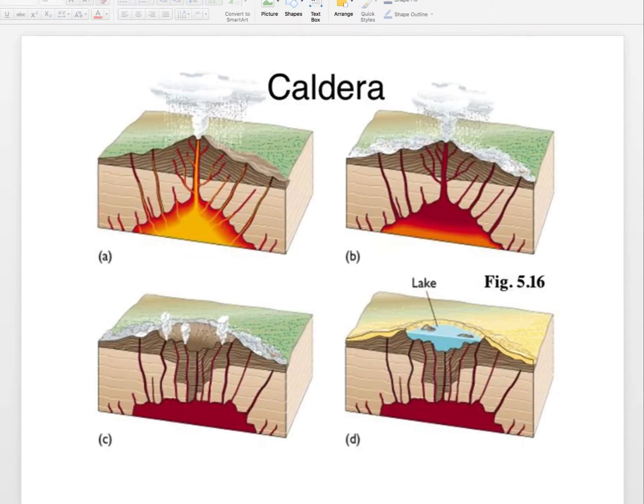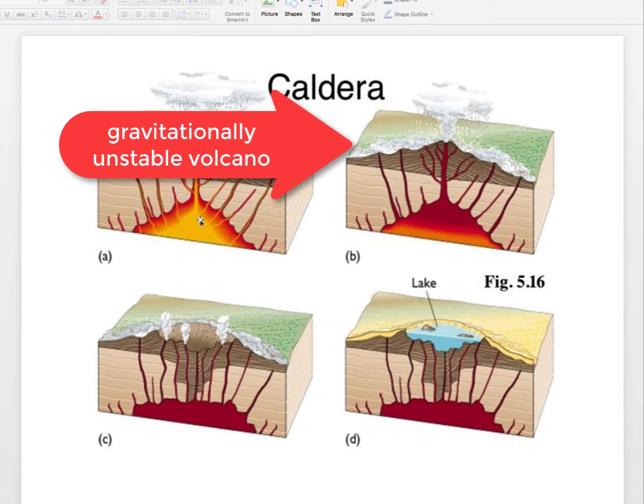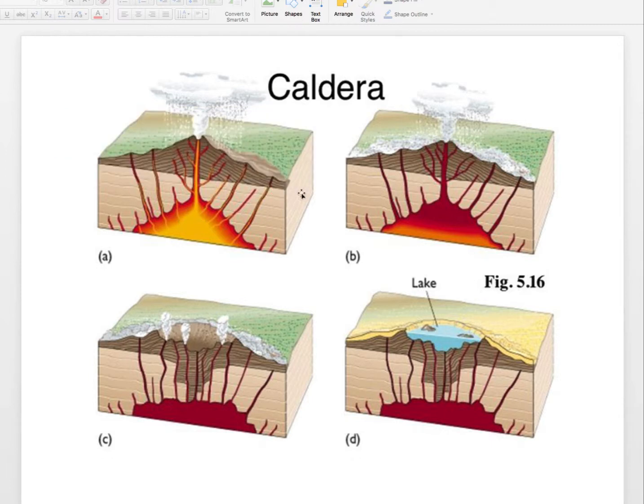So these caldera eruptions are really a catastrophic collapse of the volcanic system into its own magma chamber. And that's the key then, is that the magma chamber gets so close to the surface, usually around 3 kilometers or less than 5 kilometers, where the volcano is now sitting on this weak magma, and it becomes gravitationally unstable. And it begins to collapse down into its own magma chamber.